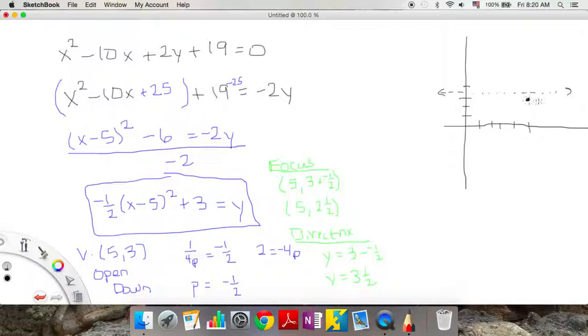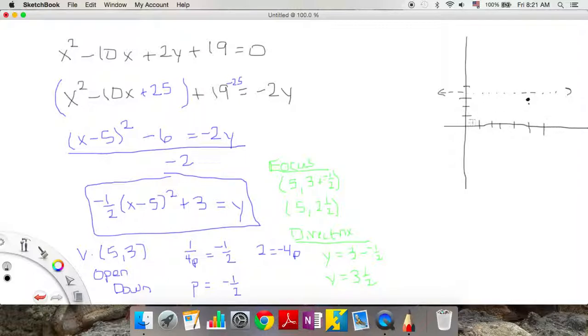And then our focus point is at 5, 2.5. So there's our focus. Now, if you recall, we said when we graphed parabolas before that they're even functions, and the easiest way is to get a point on either side so that we can figure out where they go.